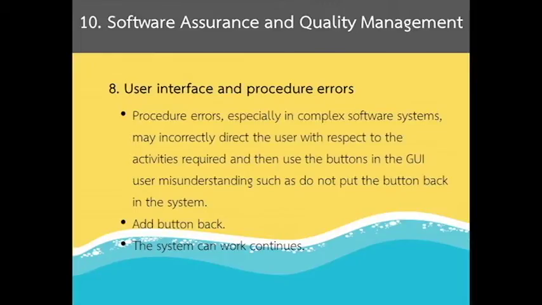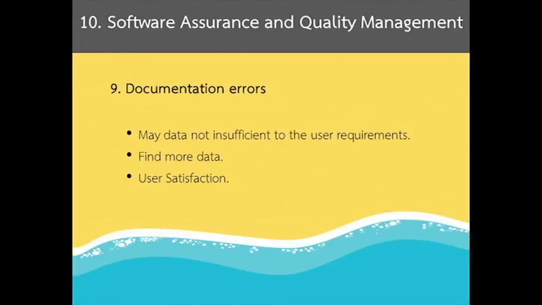8, user interface and procedure error. First, procedure error, especially in complex software systems, may incorrectly direct the user with respect to the activity required, and then the user misunderstands the button in the GUI, such as when the button is not put in. 9, documentation error.